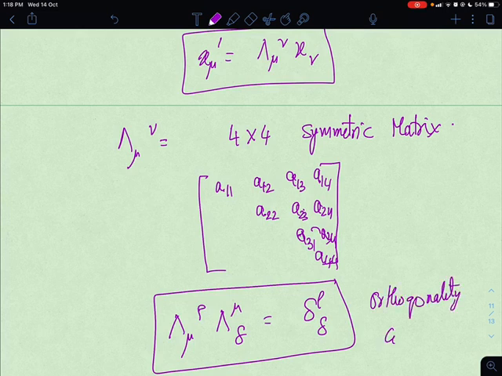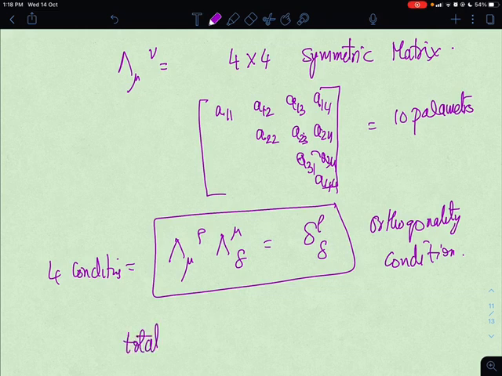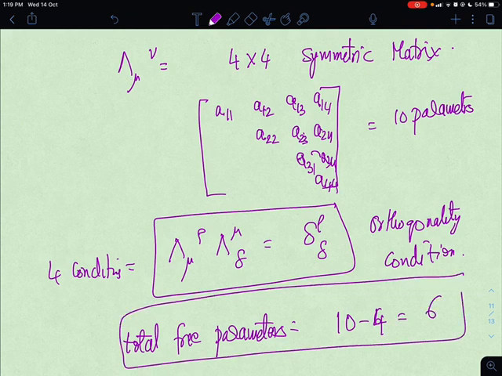So these are 10 parameters, and these are 4 conditions. So the total free parameters for any Lorentz transformation would be 10 minus 4, that is 6 parameters.